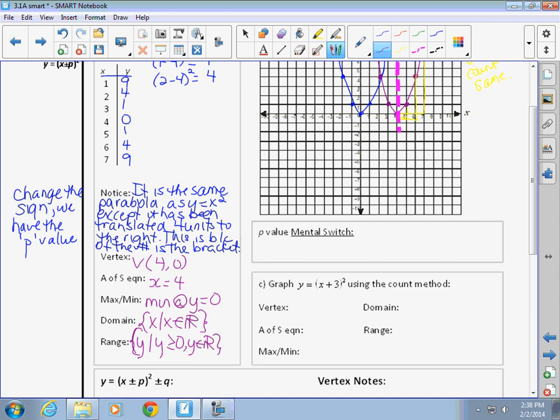So the p-value mental switch is something to think about and keep in mind every time you're working with the p-value. Before you can call it the p-value, you have to take the number in the equation and switch the sign.